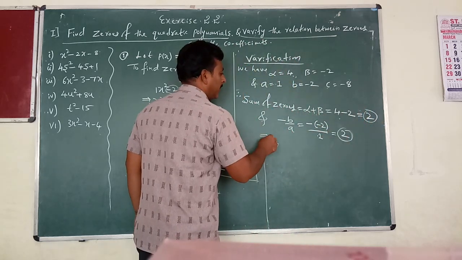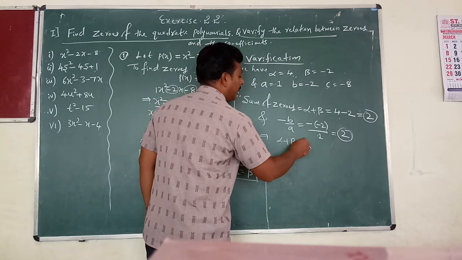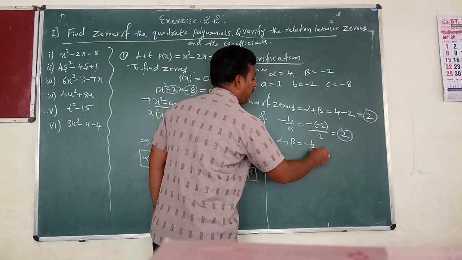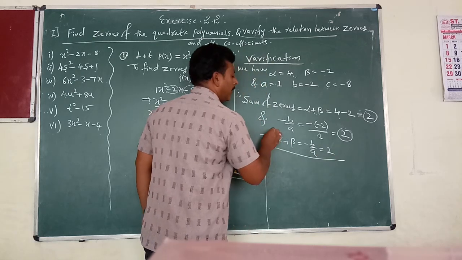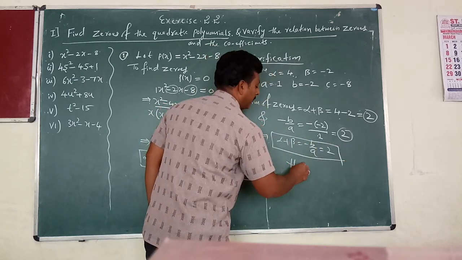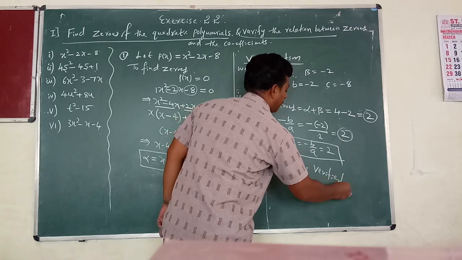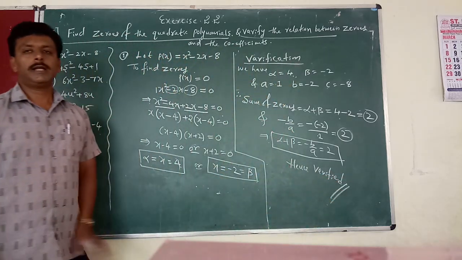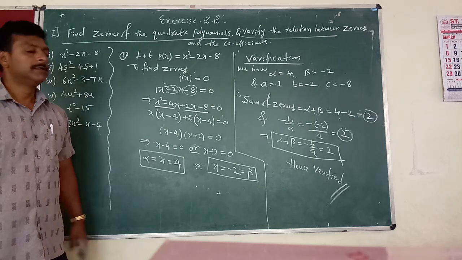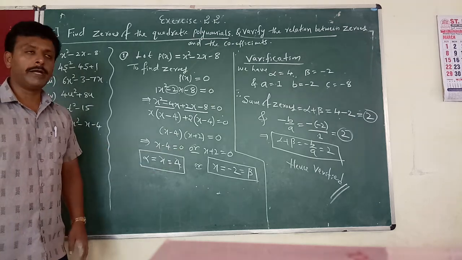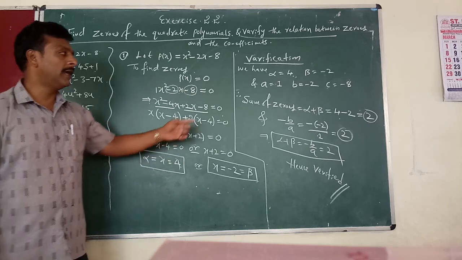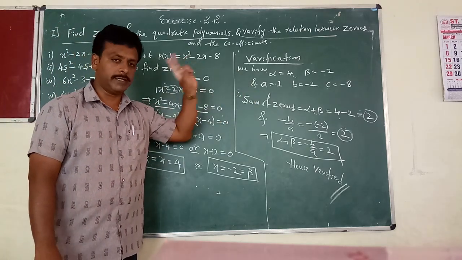So alpha plus beta is equal to minus b by a is equal to 2. Hence verified. Like this, we can find out the answer whenever we factorize, and verification is like this.